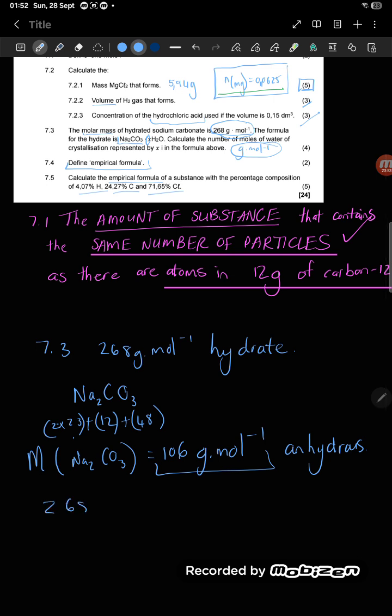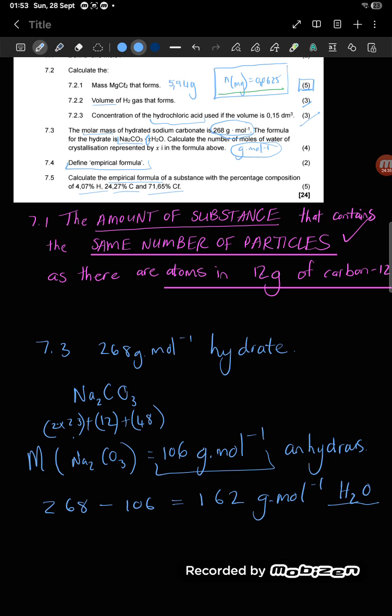So I'm going to say it's 268 minus 106, which is going to be how much? 162 grams per mole. That's my H2O, my water of crystallization. That I heated this up and it evaporated. It's the difference between the hydrate and the very dry salt.